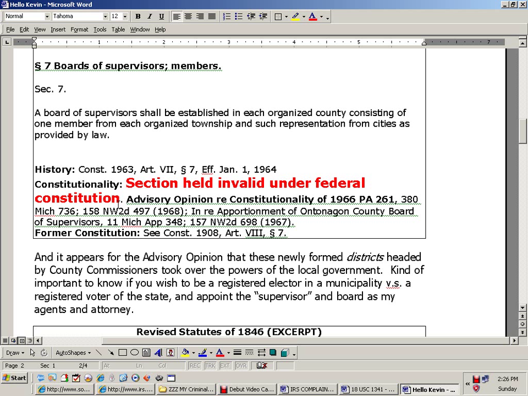That means unconstitutional. And if you were to read this advisory opinion, I did a video on it explaining what it's all about, but basically it had to do with redistricting based on population, not on territory. And when they did this, these new districts would have the powers of the township.